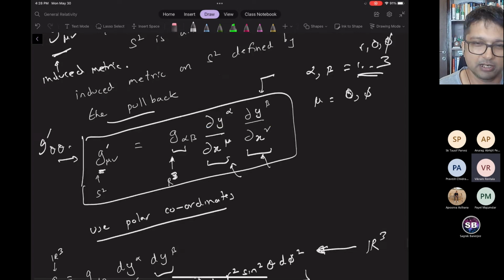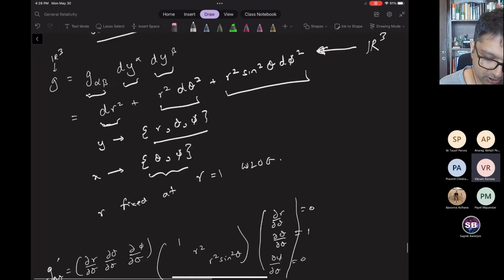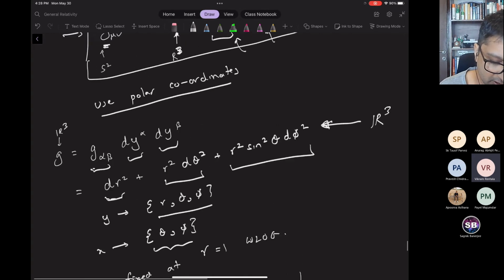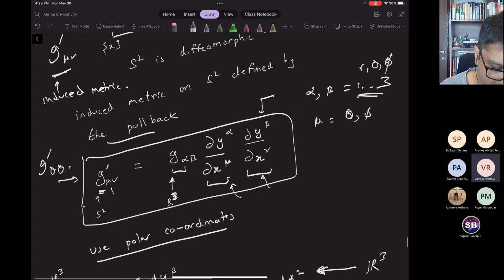And this Jacobian can be thought of now in matrix notation. It can be thought of as, let me take Jacobian transpose, Jacobian, and G alpha beta, where this Jacobian is with respect to a particular mu nu coordinate. So for example, if I'm working out G prime theta theta, this Jacobian has an index alpha and an index beta.